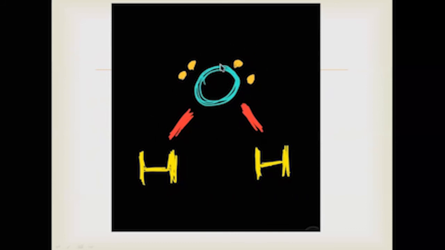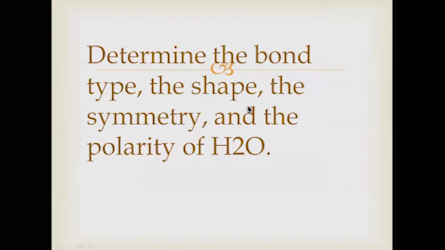Two of them are bonding domains, and the other two are non-bonding. So that means the shape is bent.